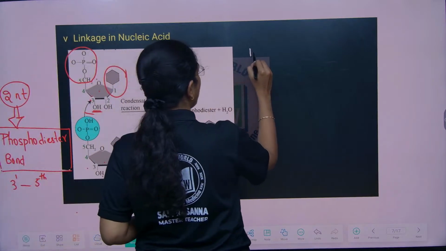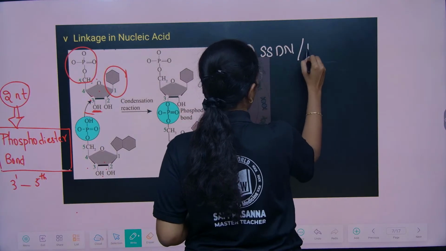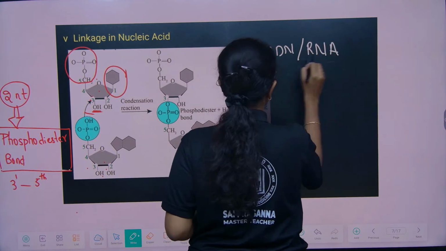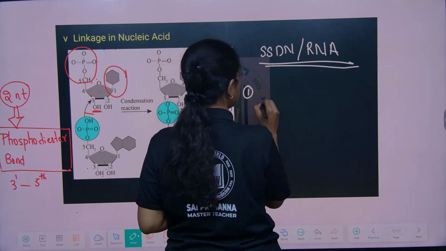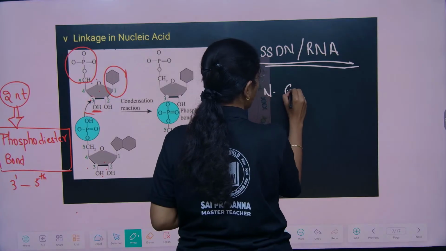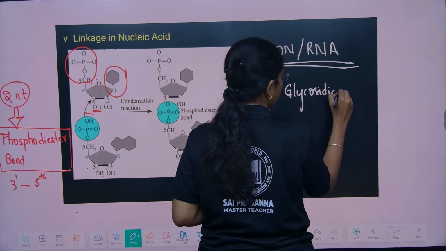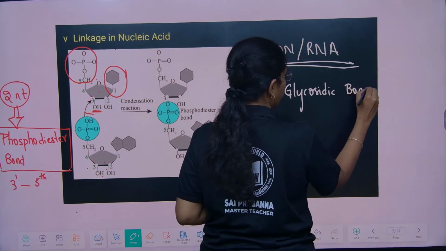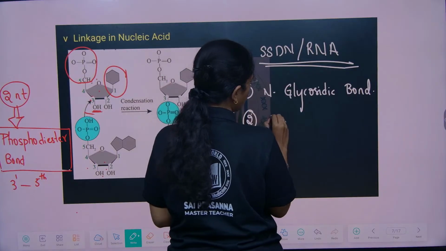For the formation of single stranded DNA or RNA, 4 bonds are required. First is the N-glycosidic bond. Second is the phosphoester bond.